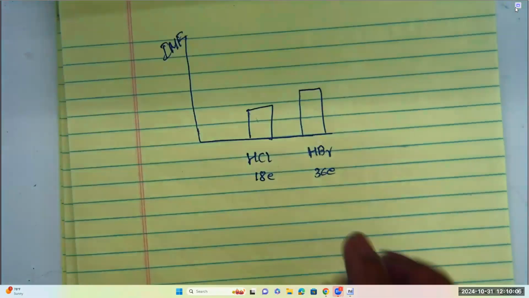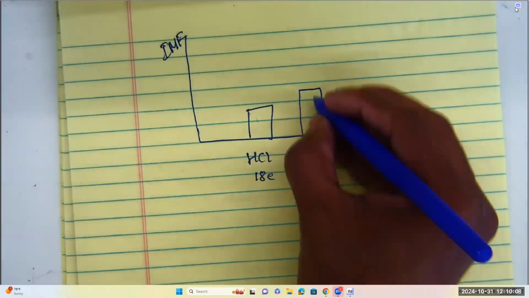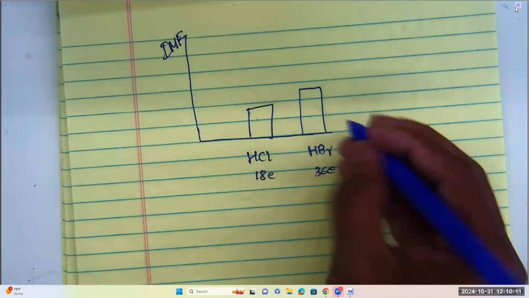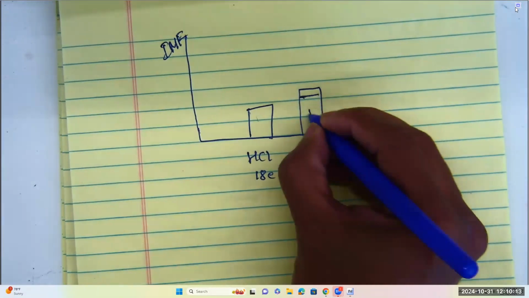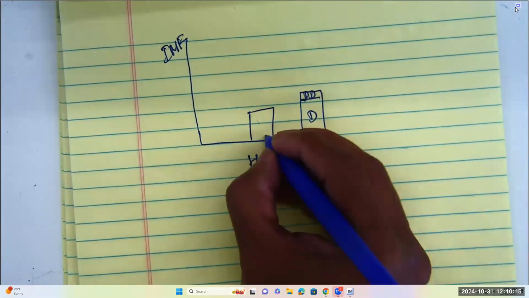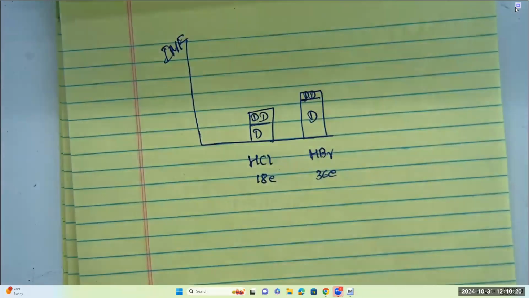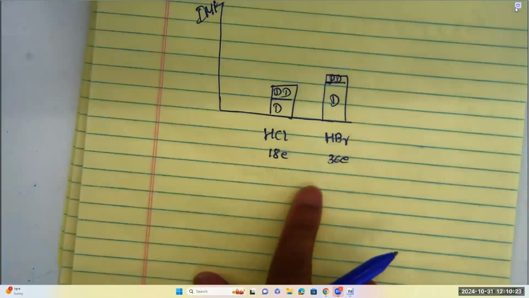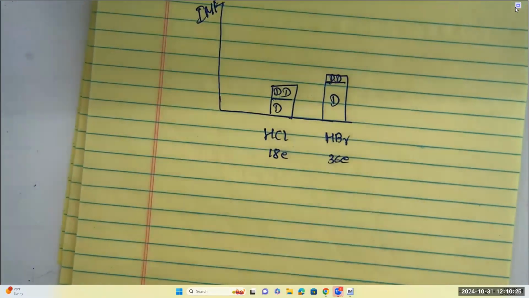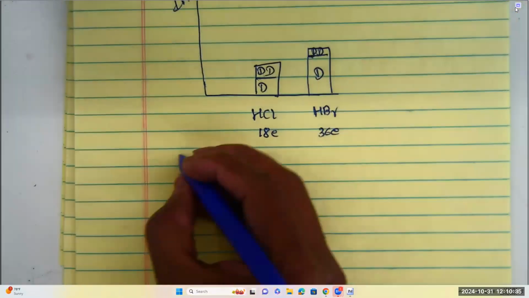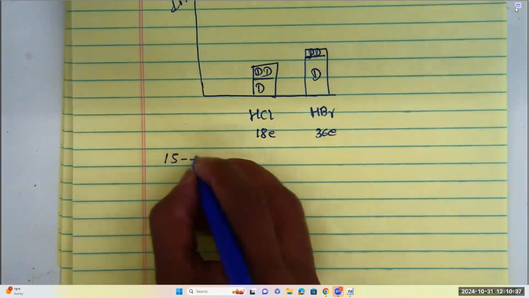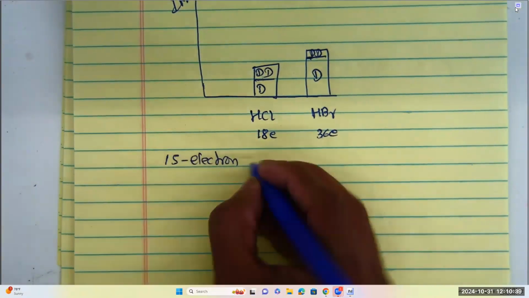This just reminds us why this is the case: even though HBr is less polar, its dispersion forces are much stronger. Here are the dispersion forces of HCl, and then you have dipole-dipole. So you see that if you have enough electrons, relatively nonpolar molecules can have even stronger dispersion forces. And there's a fake rule for this as well, and that rule is called the 15 electron rule.